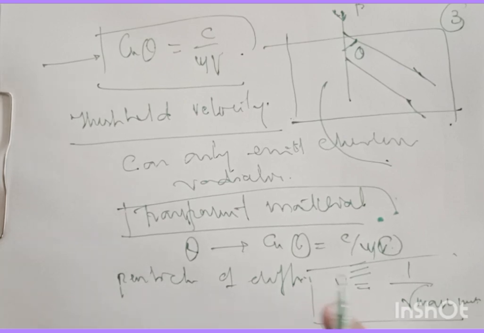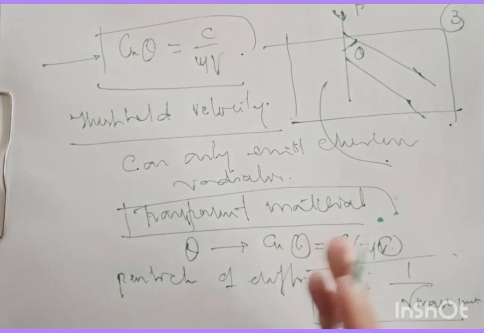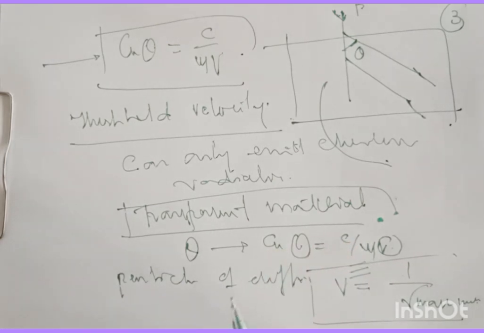Particles of different charge can also be distinguished using these Cherenkov radiations. The most important point is that within the medium, the velocity of the charged particles must be more than the velocity of light in that very material medium.